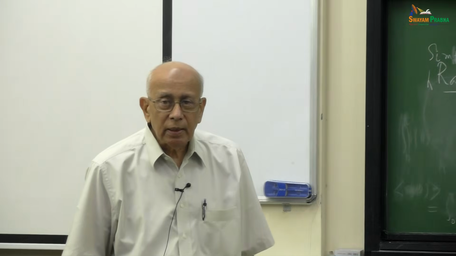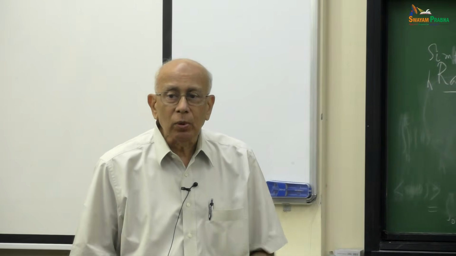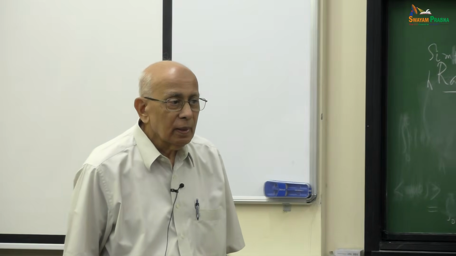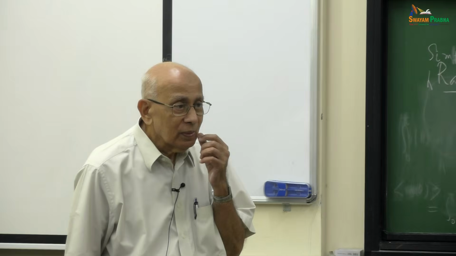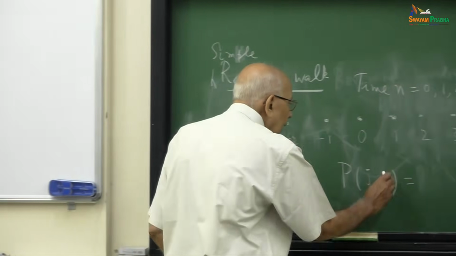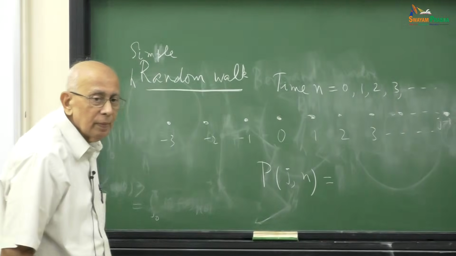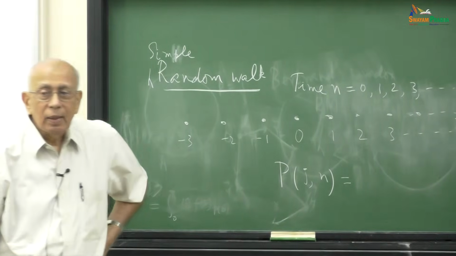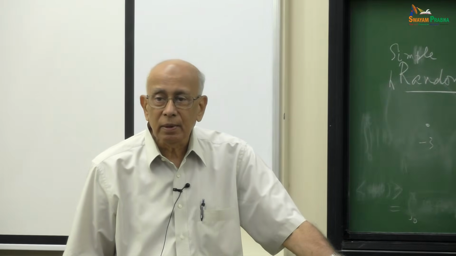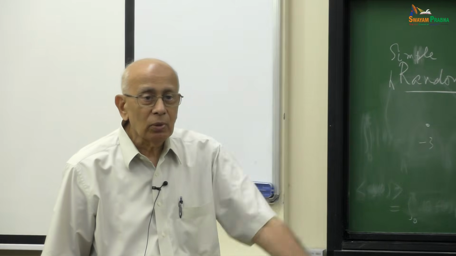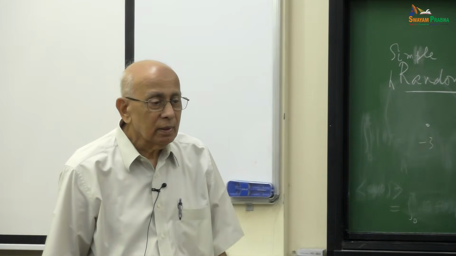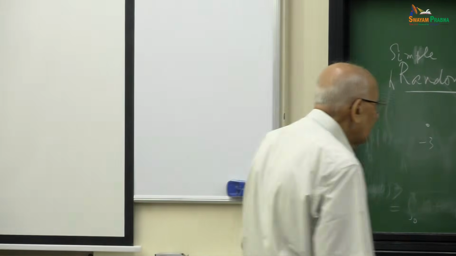First of all, there are some cases where P(j, n) is 0. I start at 0. I haven't put that down, but I'm assuming I start at 0. So if j is greater than n, the probability is 0. If j is bigger than n, you can't reach it in n steps. Even if you went continuously in the same direction, you can't reach it. But j can have both signs, so mod j.